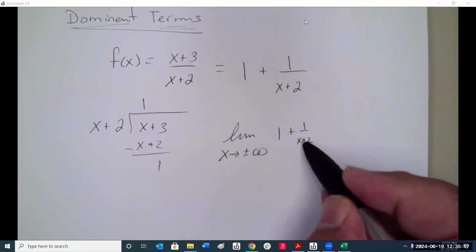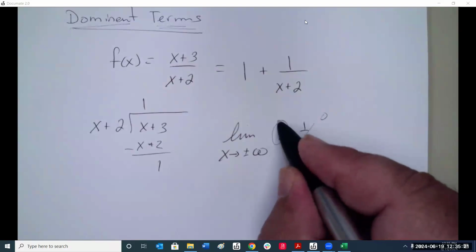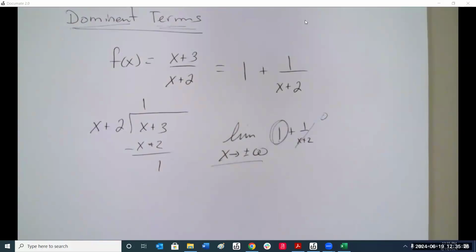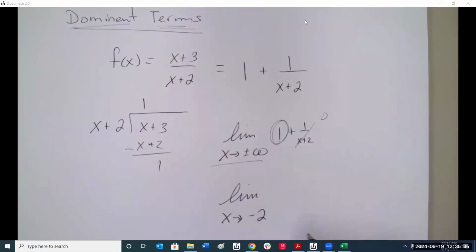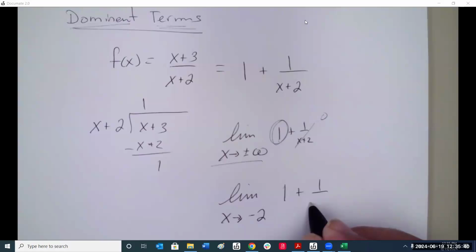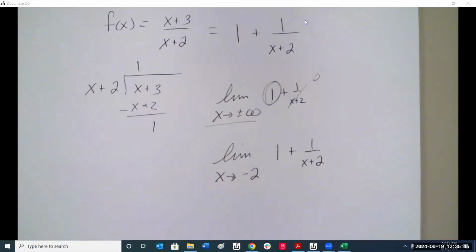As x goes to infinity, this one goes to 0. So this part is the dominant term when we're going to infinity. As we go to negative 2, this one goes where?